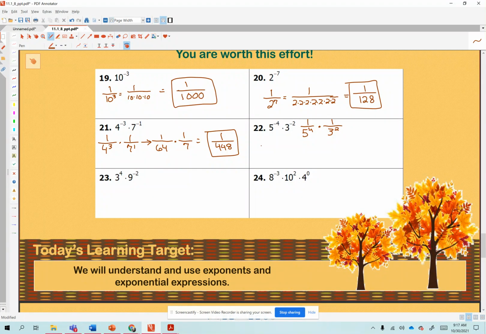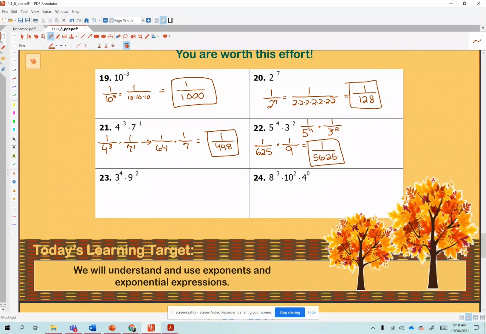So let's rewrite 5 to the fourth: 5 times 5 times 5 times 5, that's 625, times 1 over 3 times 3, I'm sorry, 3 to the second, 3 times 3 is 9, which would equal 1 over 625 times 9, which is 5,625. And that's our final answer.